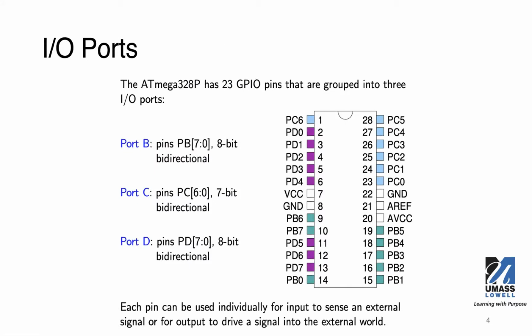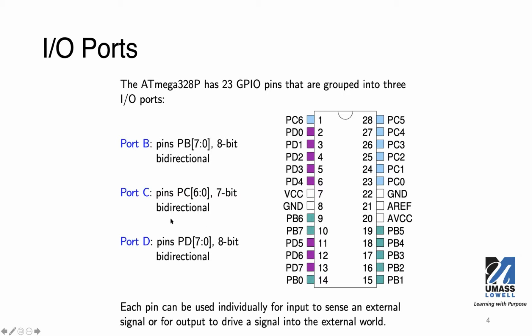Let's take a closer look at the I/O ports. This ATmega 328P has 23 GPIO pins that are grouped into 3 I/O ports, and they are color-coded on this diagram. Port B refers to the pins PB indexed from 7 to 0, so you have 8-bit bidirectional I/O pins, and they are colored in this type of green.